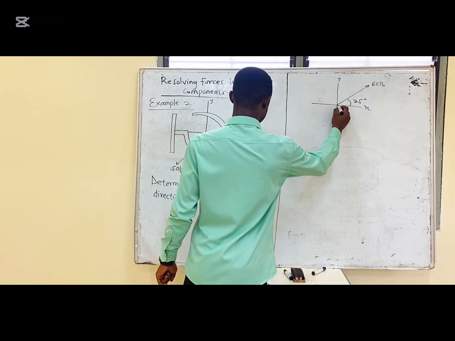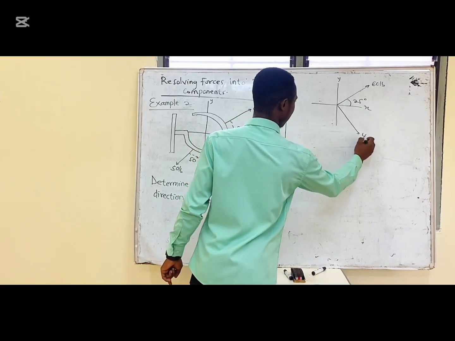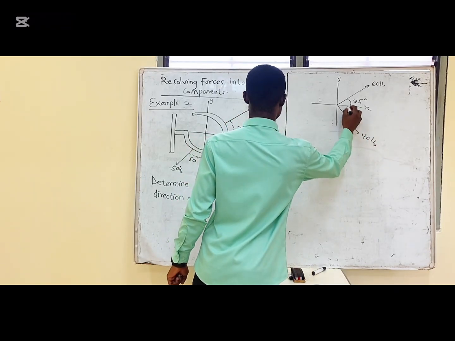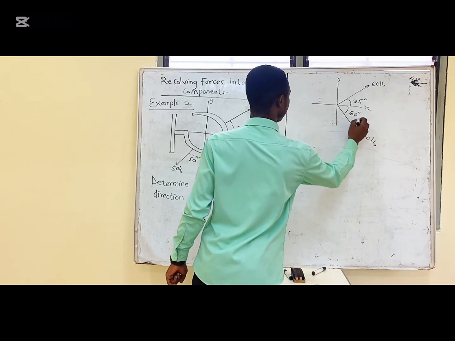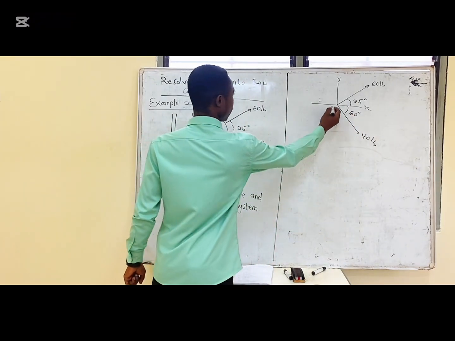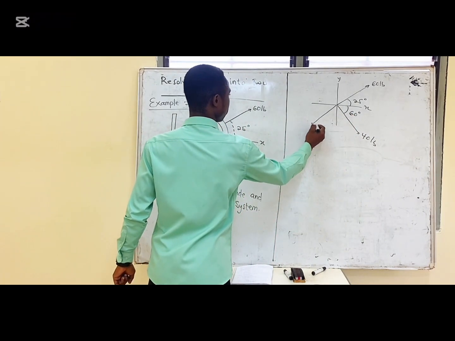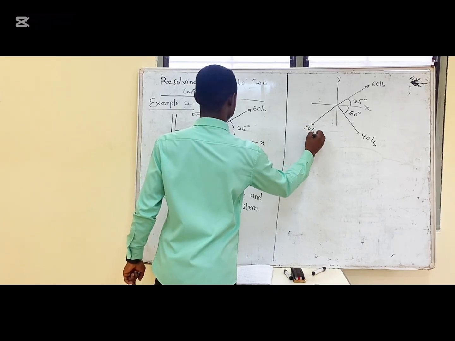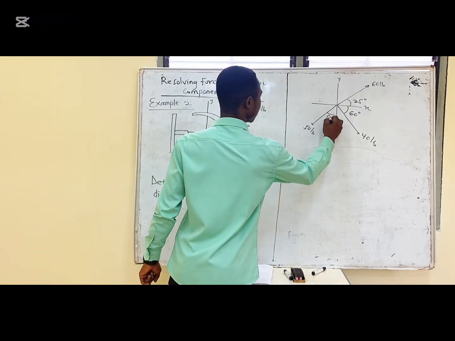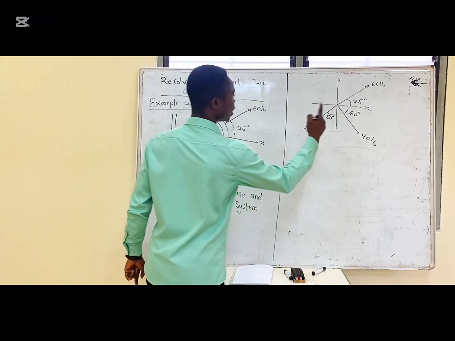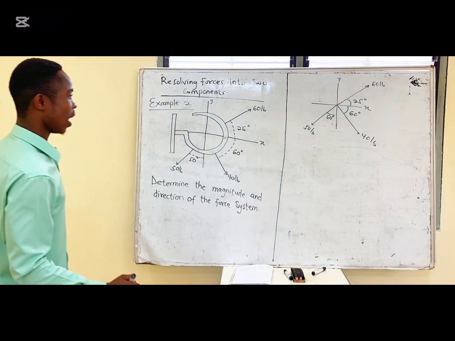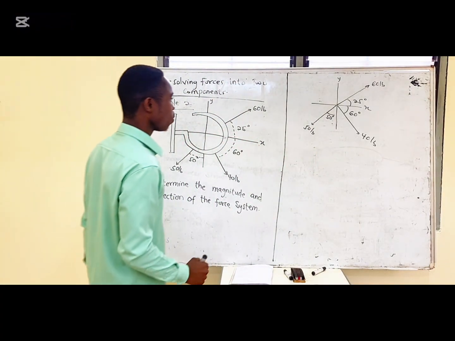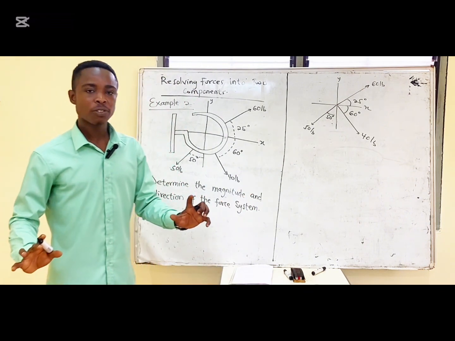We have our 40-pound force here, making an angle of 60 degrees with the x-axis. And finally, we have our 50-pound force here, making an angle of 50 degrees with the negative y-axis.